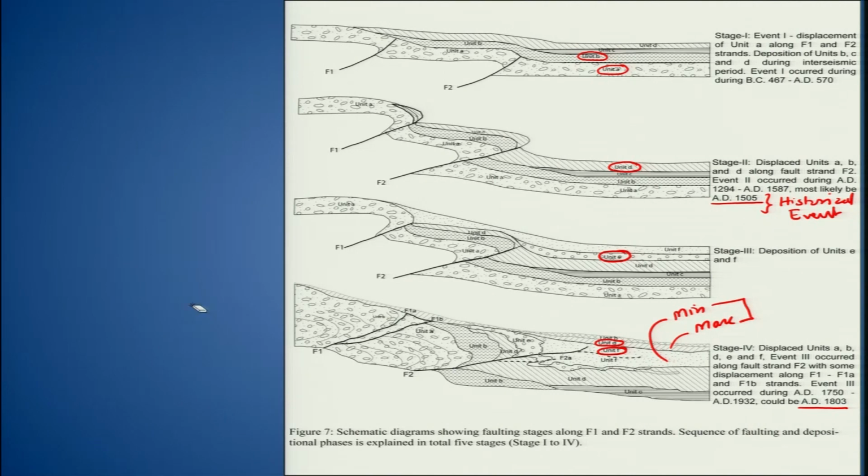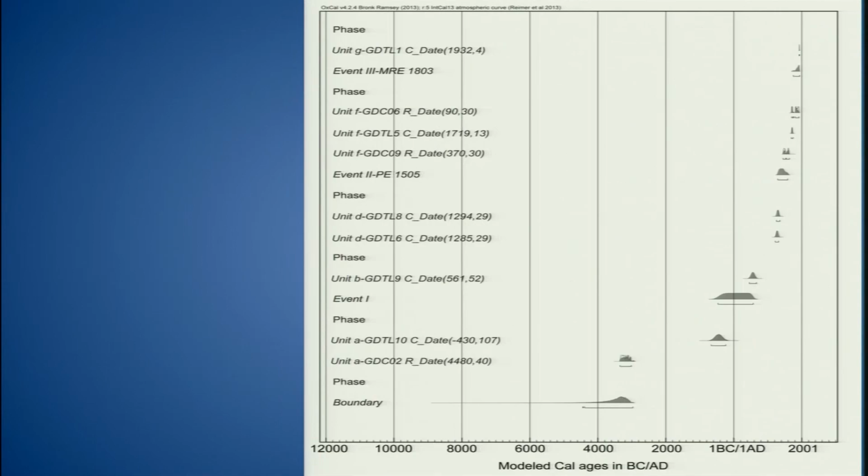This is because of the variation in the depositional pattern, that is, sedimentary phases will not be the same all along the scarp, and in some places if the units are eroded, then you will not be able to pick up the events. Nevertheless, we were very confident that this event occurred along this fault, and this is one of the largest earthquakes which has occurred in this region during historical times.